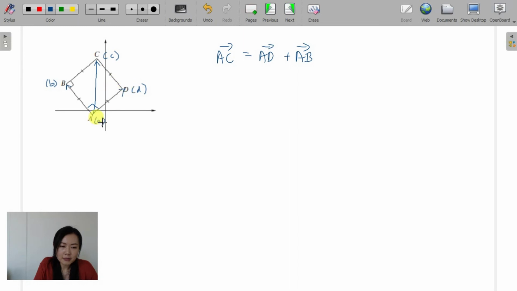Arrowhead minus tail, so that is D minus A, and AB is B minus A, and AC is C minus A. Nice and easy, right? Look at the vector, you know what it is immediately.